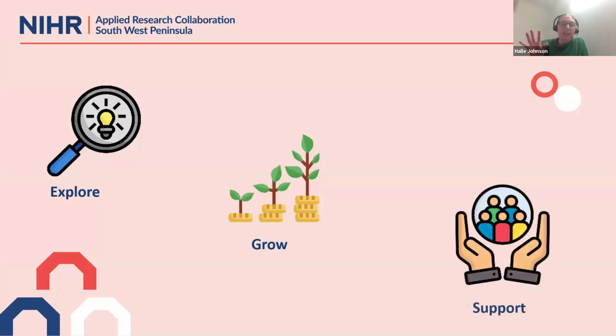And then there's the support level, which is more about peer learning and reflective opportunities for those who are experienced public collaborators. It's a freely available resource. I'll pop a link in the chat to it. We're going to continually update it with new opportunities.